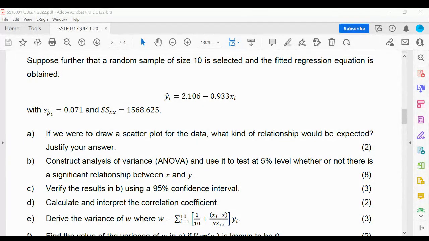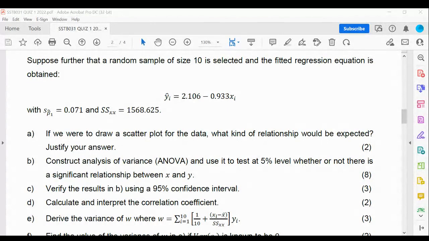Now, when you look at the given information, it's only the slope that can tell you about this relationship. From the equation, we can see that the relationship is linear. Now we want to know the direction of this relationship, and we are guided by the slope.